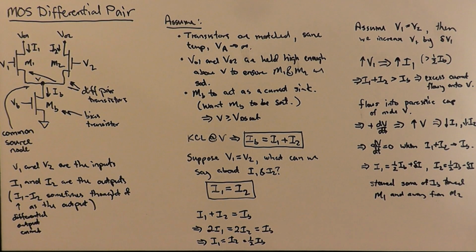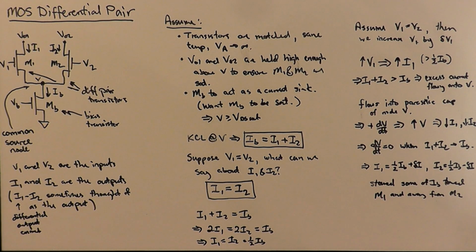We could also tell a very similar story about an increase in V2 relative to V1. So if we started out with V1 equal to V2 and we increase, let's say, V2 by some delta V2, well, that increase in V2 will lead to an increase in I2 because that's the way MOS transistors work. It started out at half IB, it becomes larger than half IB. The sum of I1 plus I2 now exceeds the current being sunk by the bias transistor. We have more current flowing onto node V than was flowing out before.